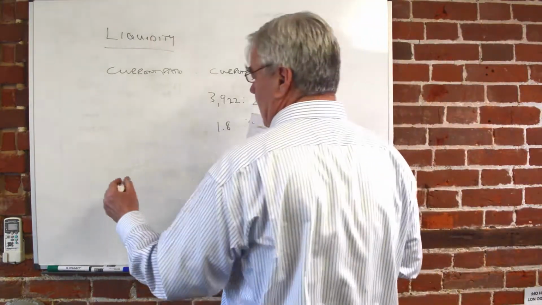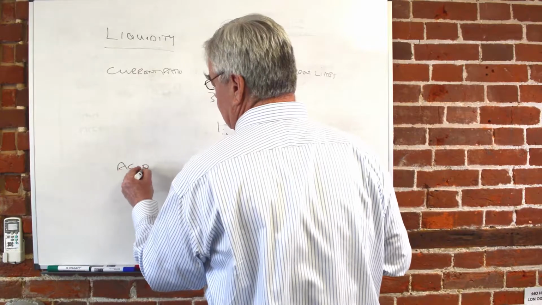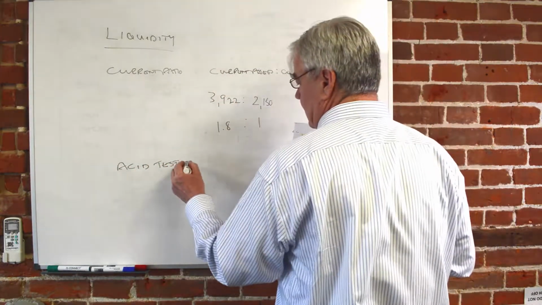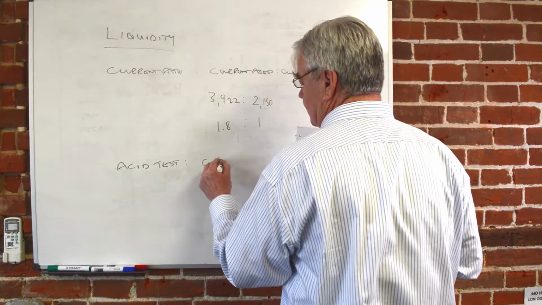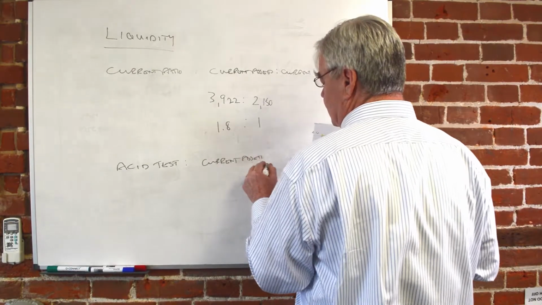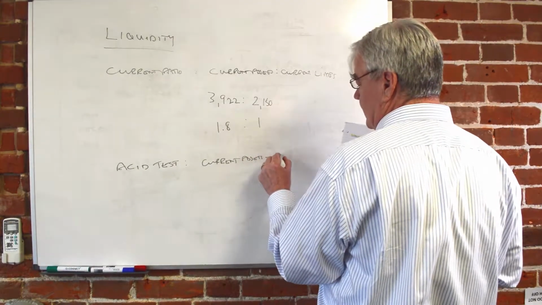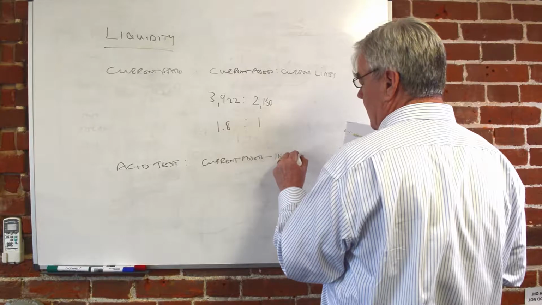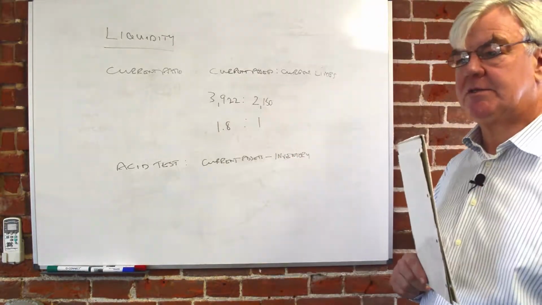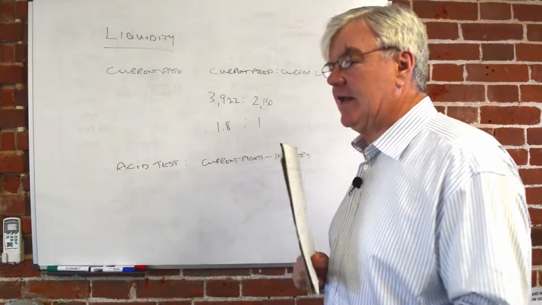The other one that goes with this is the acid test ratio, which, if we've done the reading, is current assets again, but this time we take away the inventory. This ratio tells us our ability to pay money in the very near future.